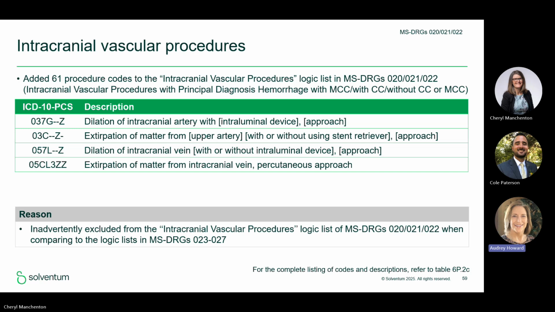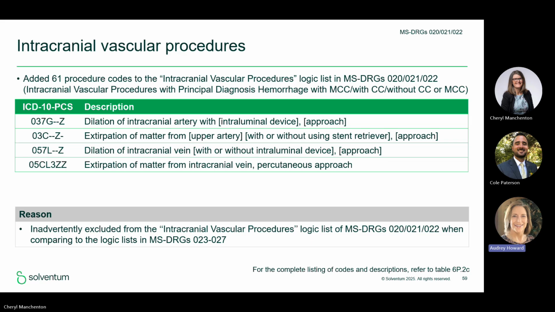These procedures that are listed here that include the dilation, extirpation from certain areas were excluded from the intracranial vascular procedures logic list when they were comparing to other logic lists in 23 through 27.